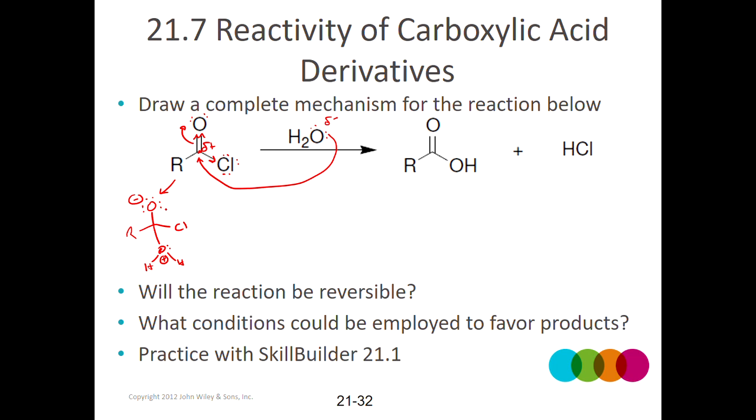So then what would happen due to sterics and entropy is this electron pair would swing in. Once it swings in, it could push out the water, which means this is reversible, but the chloride is also a really good leaving group, so it could push out the chloride.